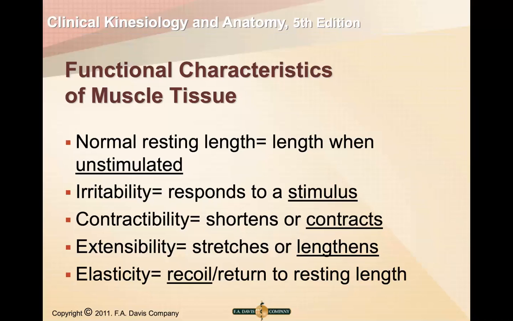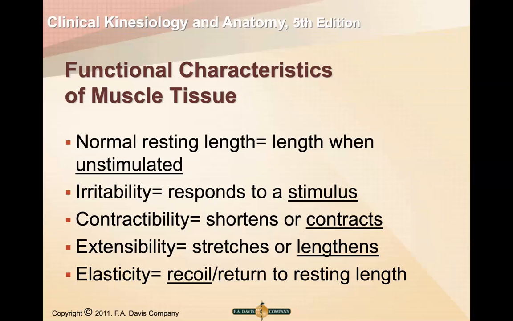Okay. So I think y'all might have gone through muscle physiology in A&P already. I'm pretty sure y'all did contractility. But every muscle in the body has a normal resting length when it's unstimulated. Now, don't take that word unstimulated as meaning that it has no action potential going to it.